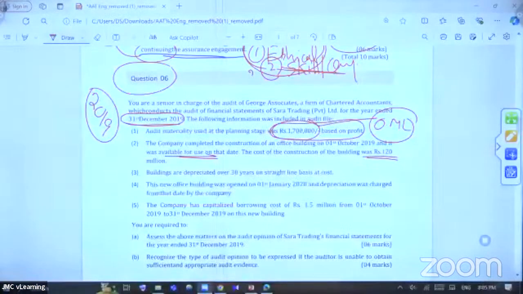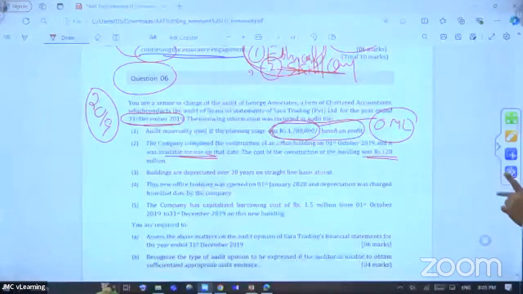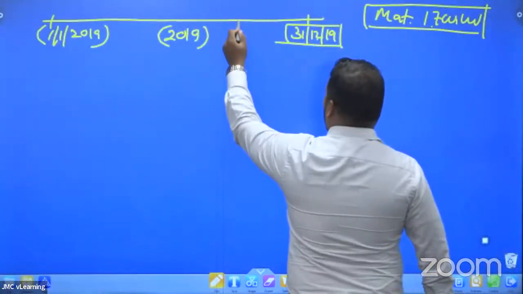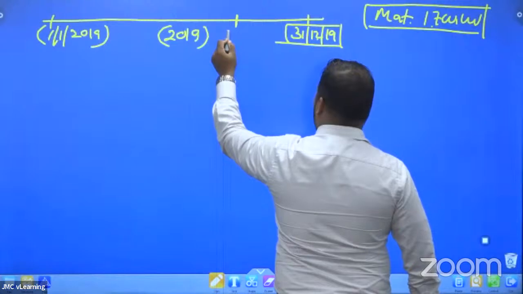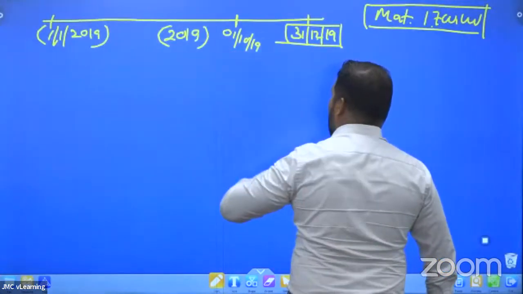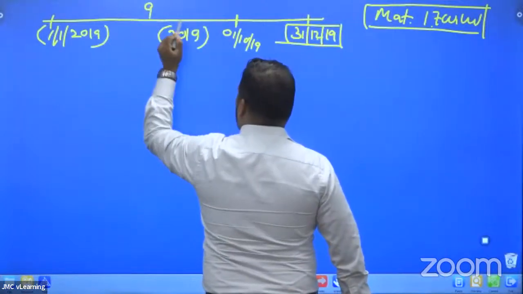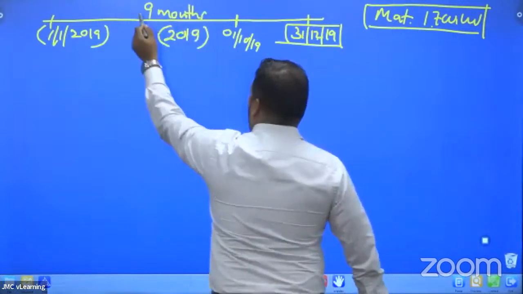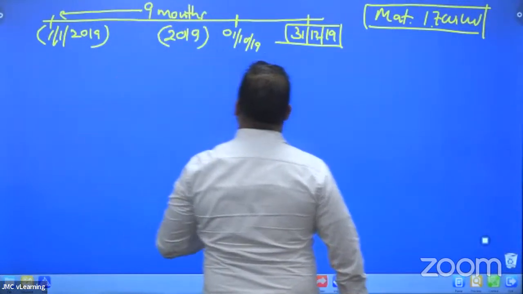The company completed the construction of the office building on 1st of October 2019. That is 9 months from the beginning of the accounting period.